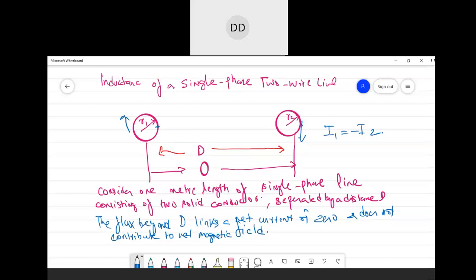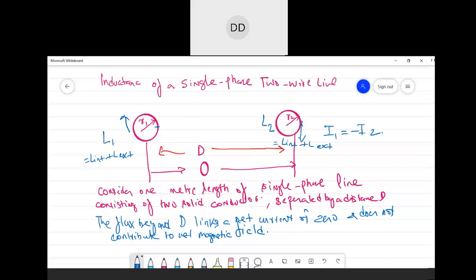For the total inductance of the conductors, we have a conductor with L1 and another with L2. L1 has L internal plus L external. Similarly, L2 has L internal plus L external.